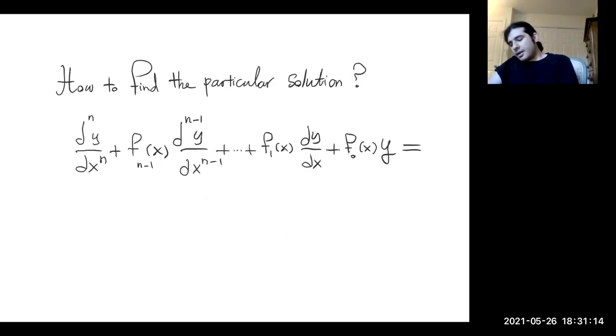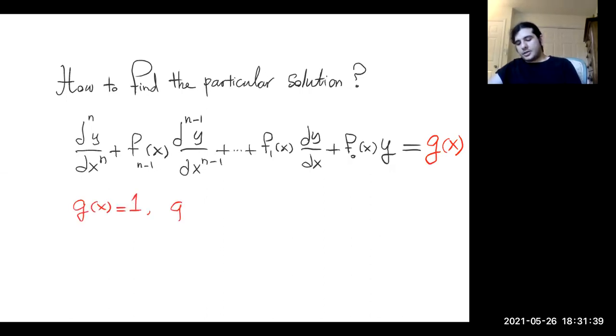So what are the possible things we can put here? Well, we can put anything here, but let's call this g of x. For some choices of g of x, we kind of know what the particular solution is. So in the previous examples, in one case, g of x was equal to 1.